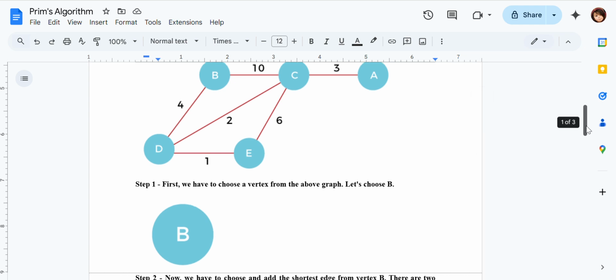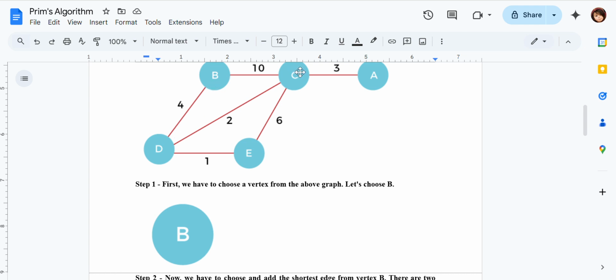Second step, you have to look at the adjacent vertices of B, because this is the vertex we have chosen as the initial vertex. From this vertex you see what the adjacent vertices are. We have two edges here. From B I can travel to D, and from B I can travel to C. So we have BD and BC.